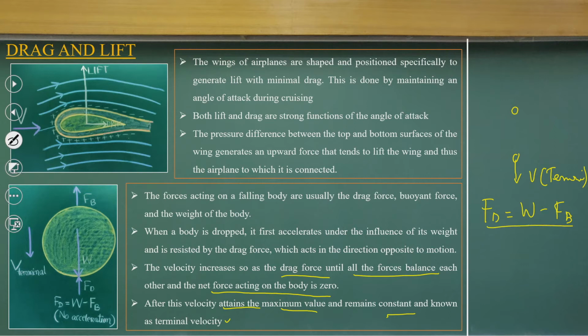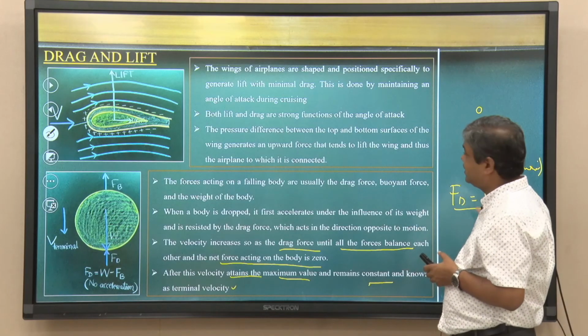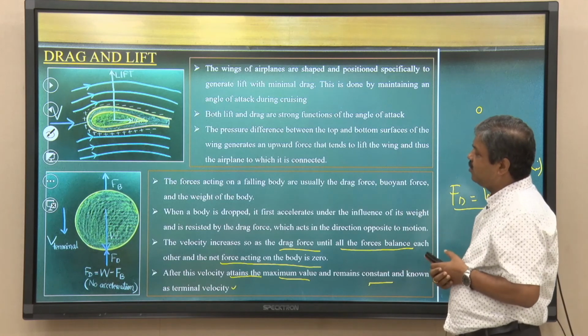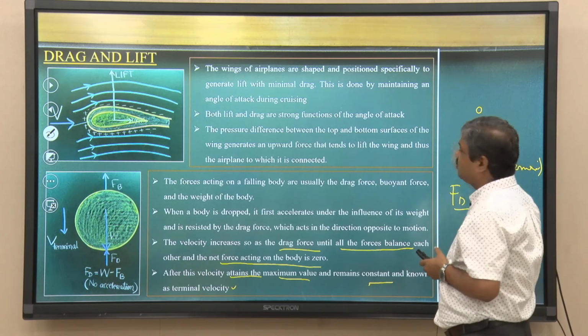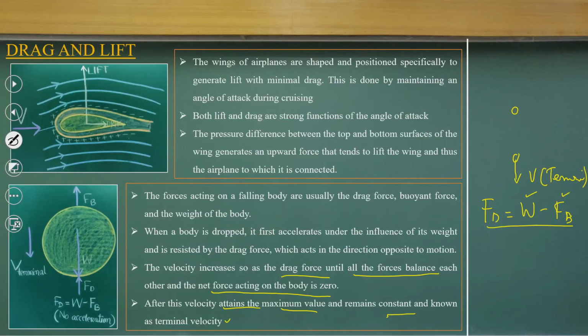Depending on the fluid density and the density of the dust particle, we can always compute the weight and the buoyancy force, and so you can compute the drag force. There could be flow separation and all; it also depends on the Reynolds number and the roughness.